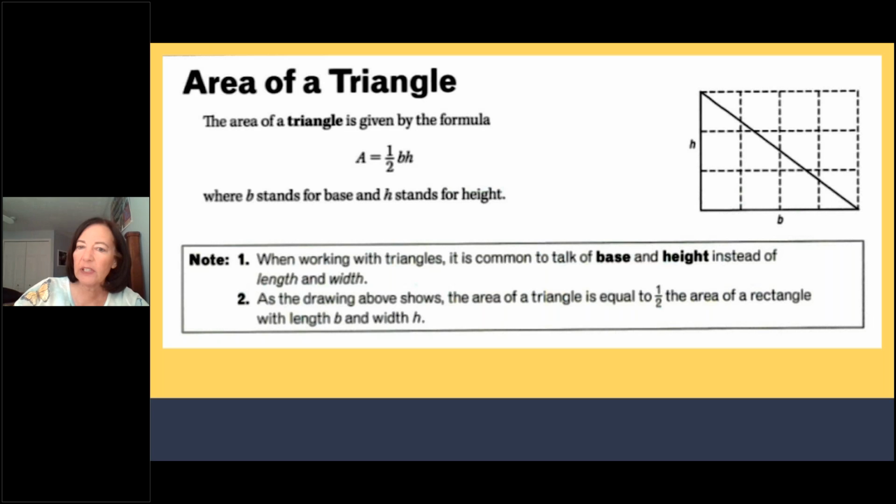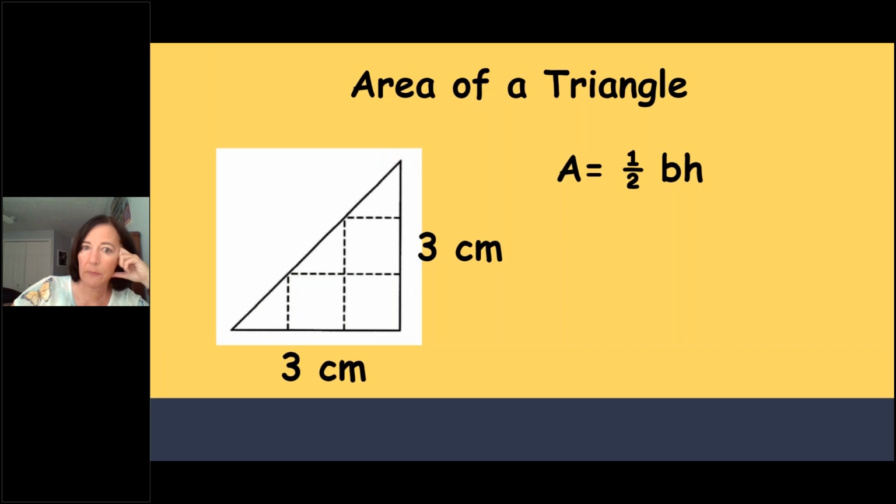In a rectangle, we called it length times width. We could have called it base and height in a rectangle just as easily. We just multiply those together. That gives us the area for the whole rectangle. And then we multiply by 1/2 because we really just want the area of the triangle, not the rectangle.